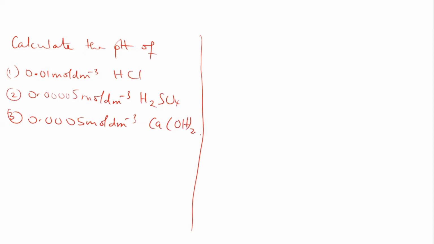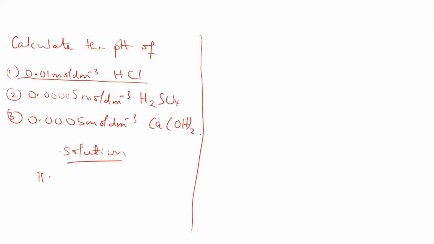Now, when you have to calculate the pH of an acid or a base, what you have to do first is to dissociate the acid and the base. And so you know the concentration of the hydrogen ion or the hydroxide ion that is present in the acid or the base. All right, now the first question is to calculate the pH of this solution. So what we're going to do is to first dissociate the acid.